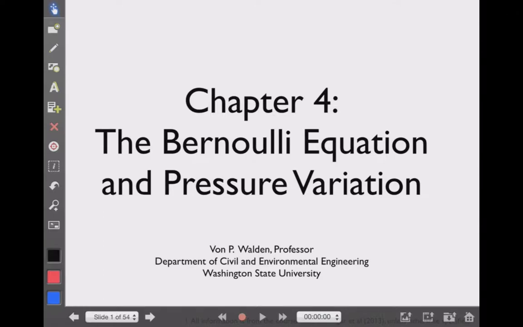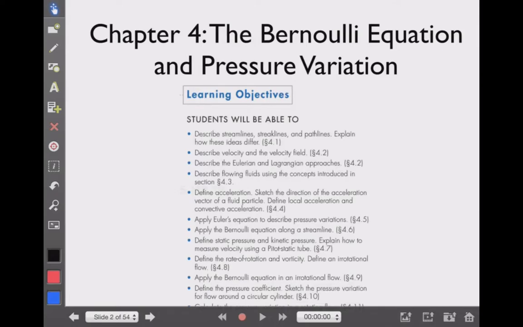Okay, we're back with chapter 4, the Bernoulli equation and pressure variation. This is section 4 on acceleration. We're going to define acceleration and talk about how to look at it along a streamline.